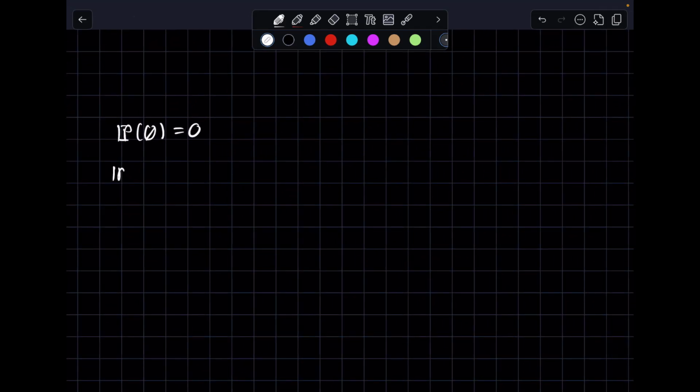So for example, we have the probability of two sets, right? A union B, right? This will be equal to the probability of A plus the probability of B minus its intersection, right?